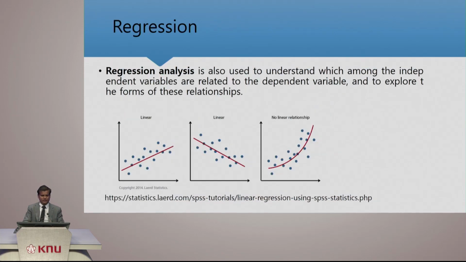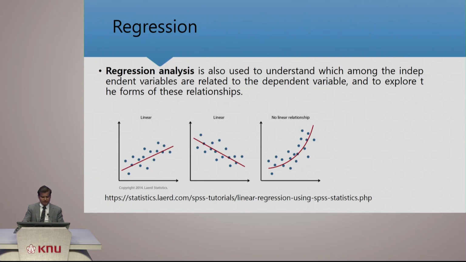Let's see what regression is. As we can see, it can give us linear analysis. In other words, when we talk about linear regression, it gives us the relationship between two variables, the dependent variable and the independent variable.